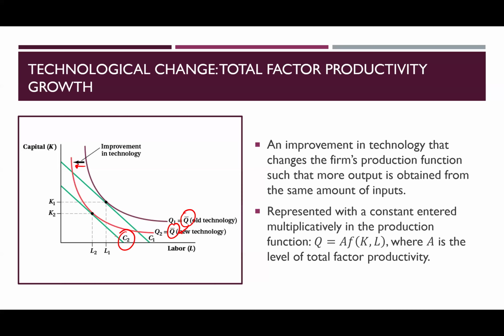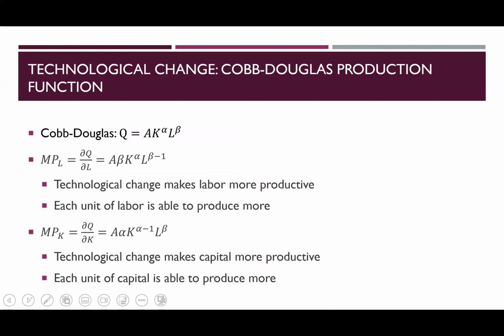We model this total factor productivity using A in our production function. So it's modifying both the use of capital and labor and their interaction. So here you can see a general Cobb-Douglas production function where I've added this technology variable in.